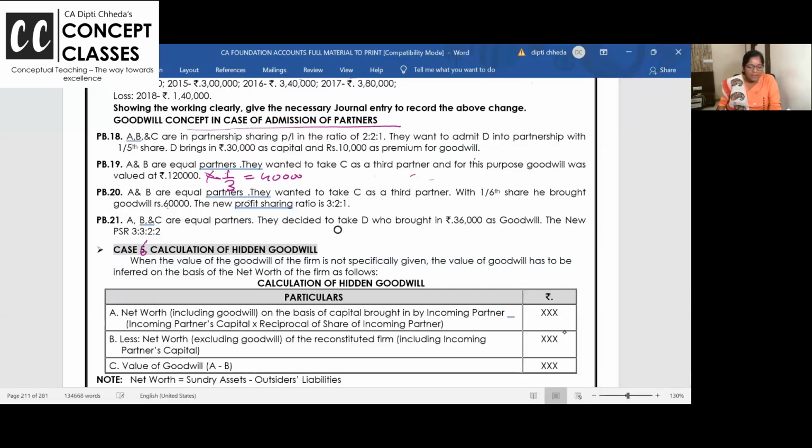20th problem. Now, A and B are equal partners. They decided to take C as third partner with 1/6 share. And he brought goodwill 60,000. That's premium for goodwill, 60,000. Now this goodwill, new ratio is also given, so we should give this to the sacrificing partners.